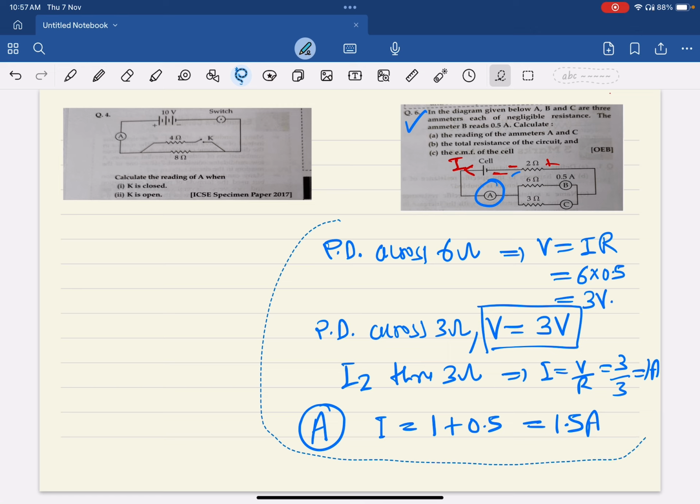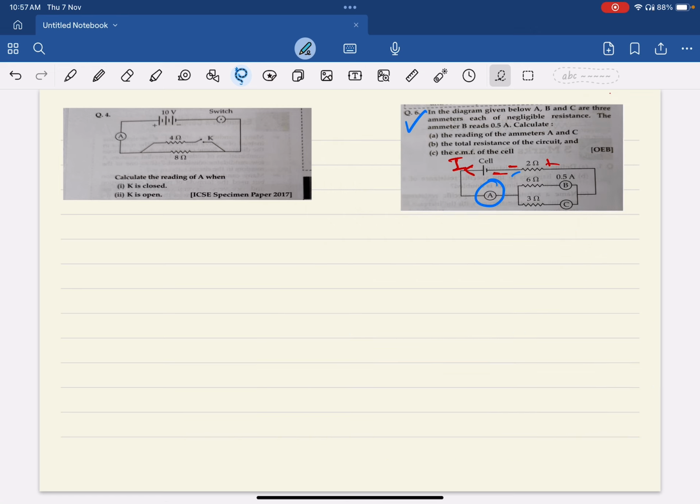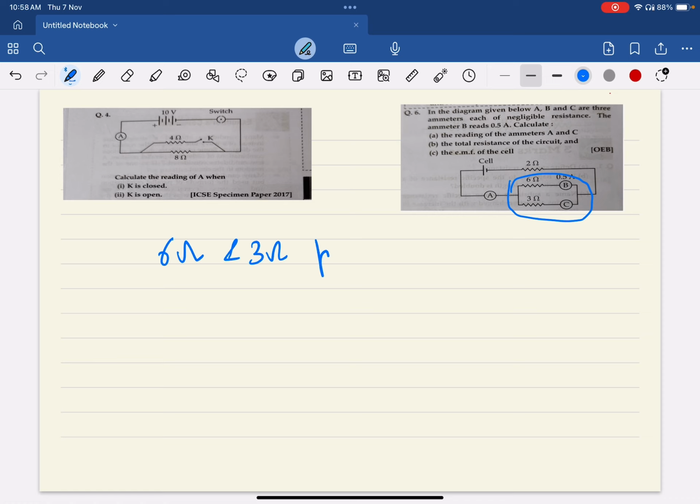Now, let us look at the other part of the question where we are supposed to find the total resistance of the circuit. Again, the first thing we need to do is find the effective resistance of 6 and 3 ohm. So 6 ohm and 3 ohm are connected in parallel.